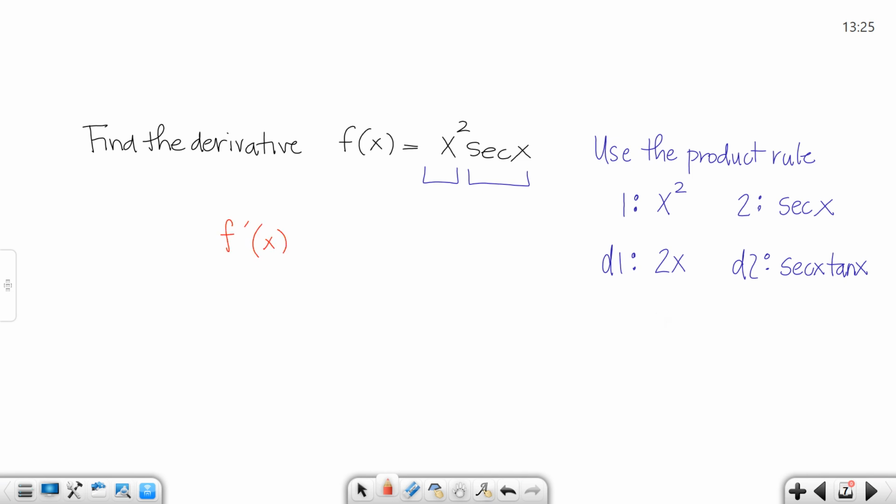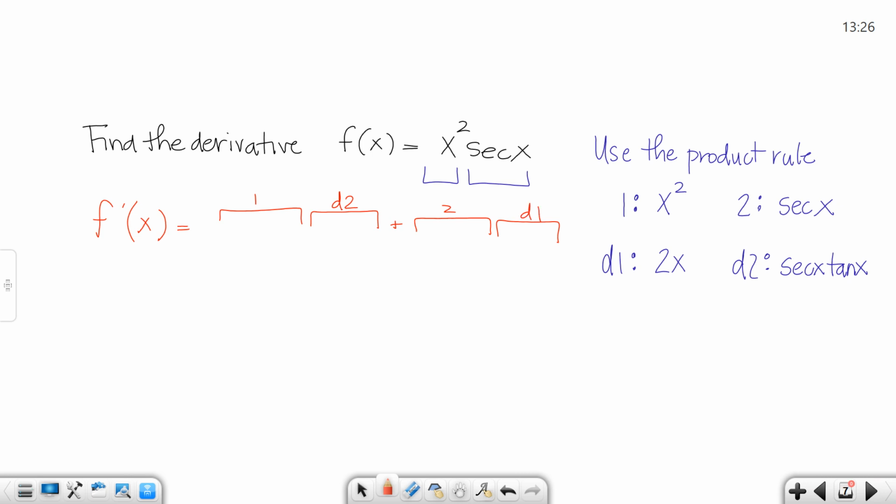Okay, this is the product rule. And the product rule says you're going to have function 1 times the derivative of the second plus function 2 times the derivative of the first. I didn't leave myself enough room, so I'm going to scoot it over a little. Function 1 times the derivative of the second plus function 2 times the derivative of the first.